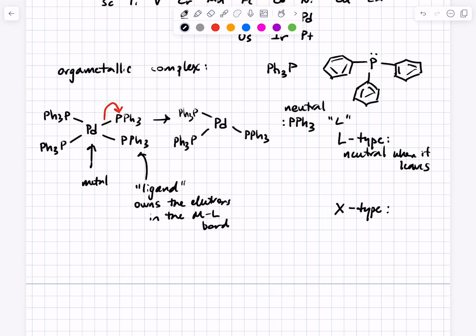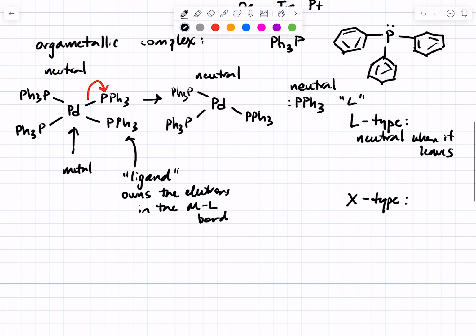The complex, which was neutral to begin with, you can tell it's neutral because I didn't draw an overall charge on the complex, is still neutral after the triphenylphosphine leaves. Neutral ligands typically include things that have lone pairs.